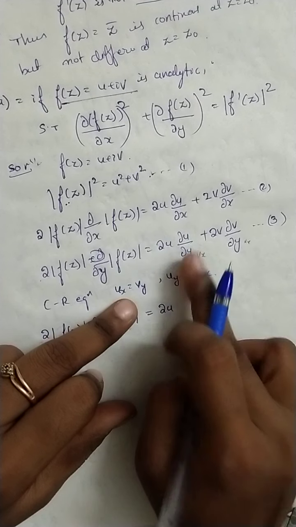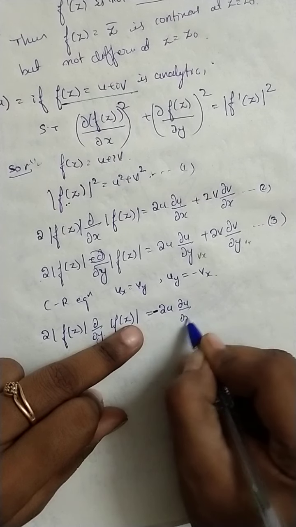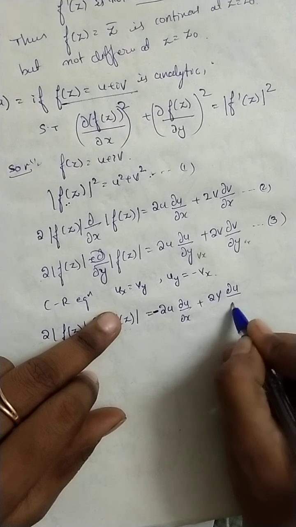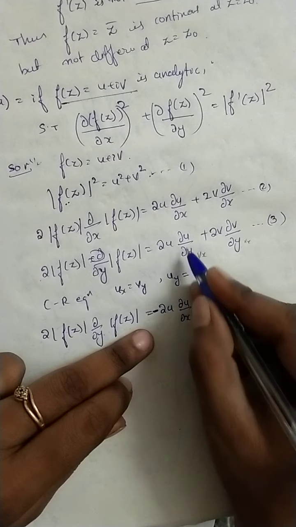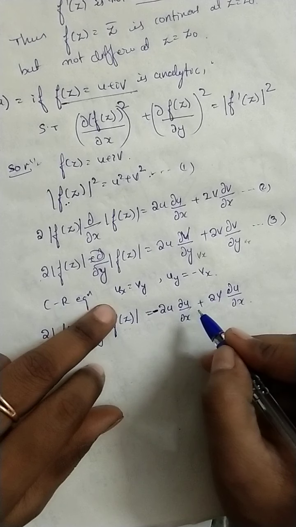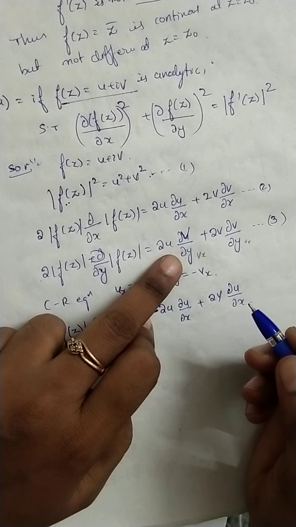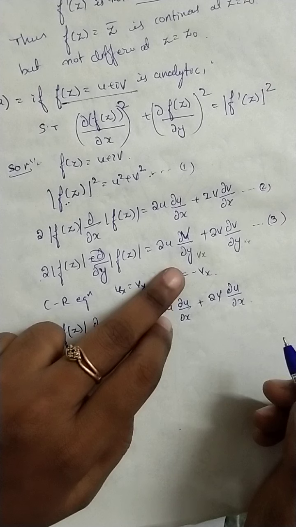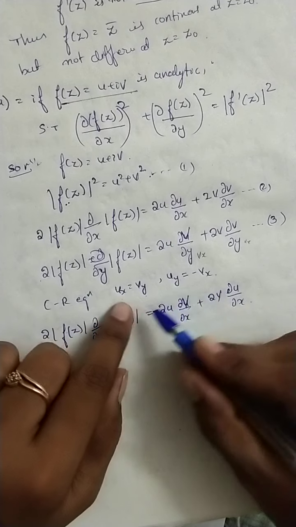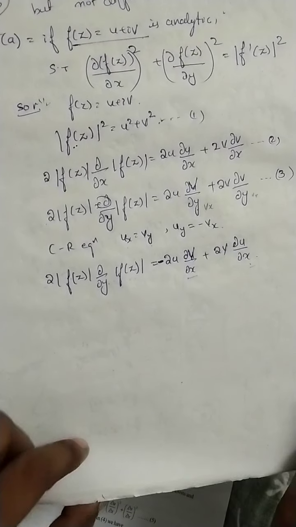Now I am replacing uy as minus of dou v by dou x plus 2 times of v, and vy as ux, dou u by dou x. Okay, so I'm replacing vy by ux, replacing uy by minus vx and replacing vy by ux. So this is our consideration.